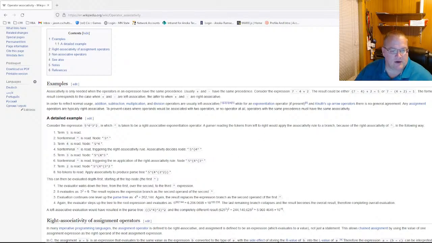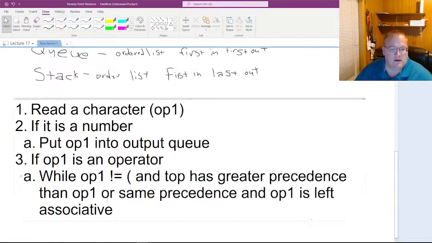Okay, so we go back to our algorithm. If they're the same precedence and the new thing is left associative, that means the other one needs to get done before it, because they're the same precedence. Now realize that multiplication and division have higher precedence than addition and subtraction, so you'll do them first.